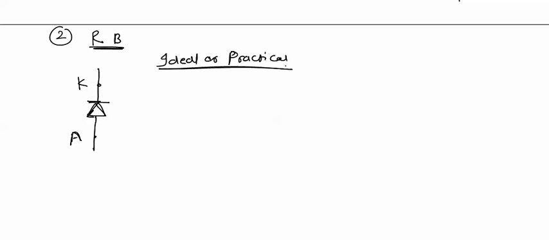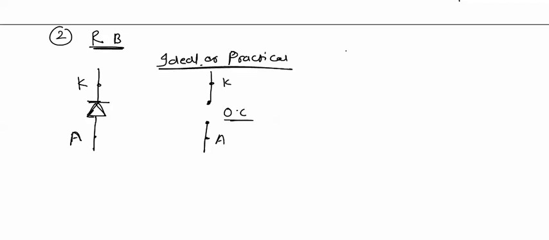In both the cases, when it is reverse biased, it will be replaced with an open circuit. This means that a diode which is reverse biased does not conduct. It will be replaced with an open circuit.